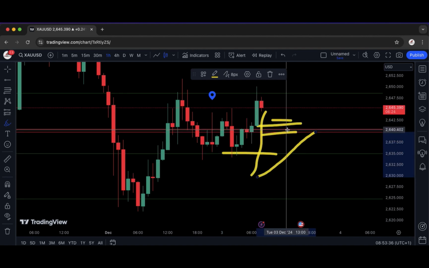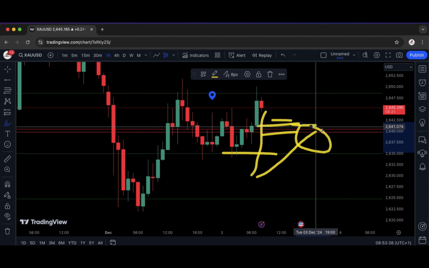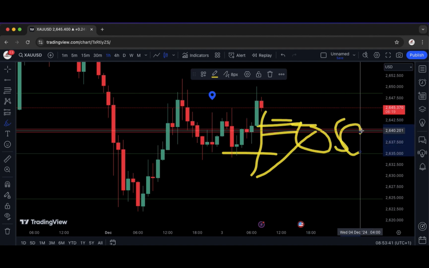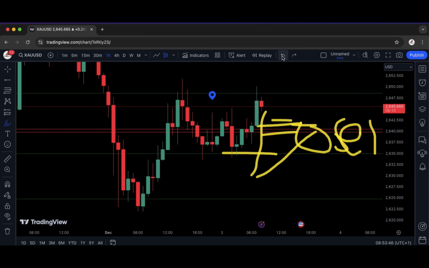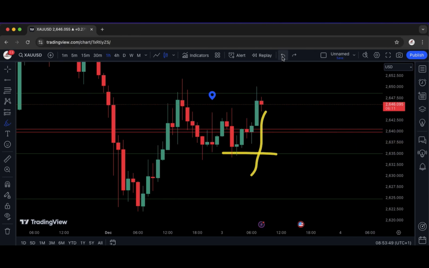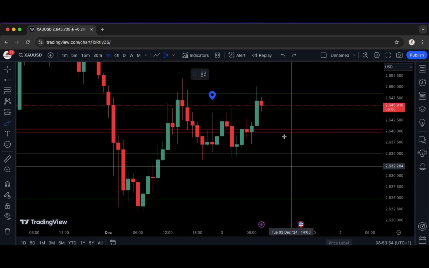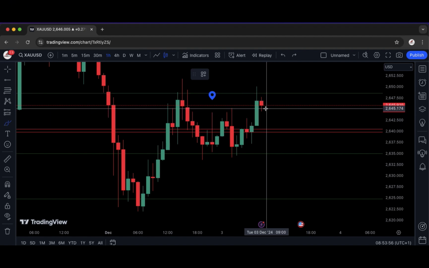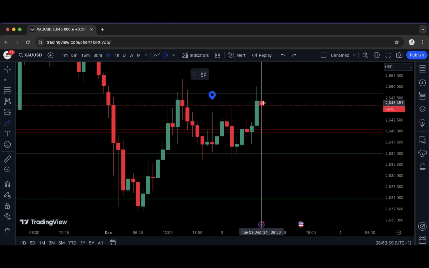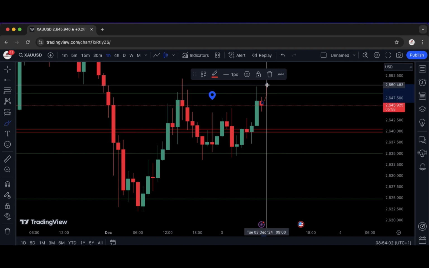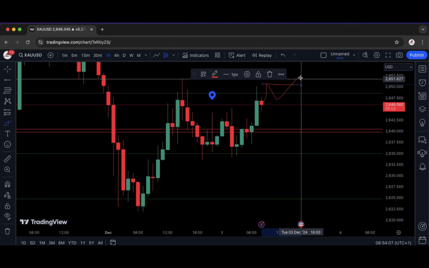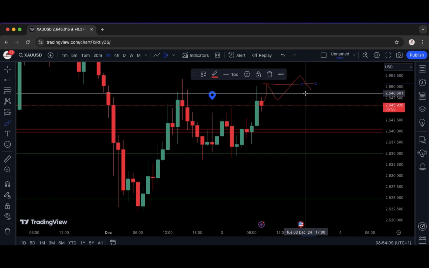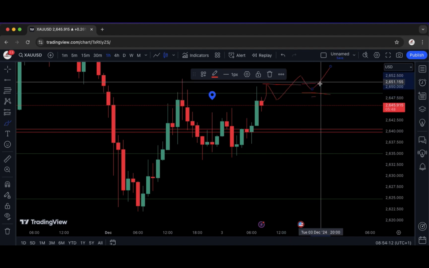So if it takes out this low and comes back to somewhere here, I will take a sell. And again, gold might not get to this level and start buying. Whatever makes it start buying and drop, then take out this high and come back, let's take a buy from somewhere here for it to continue moving up.